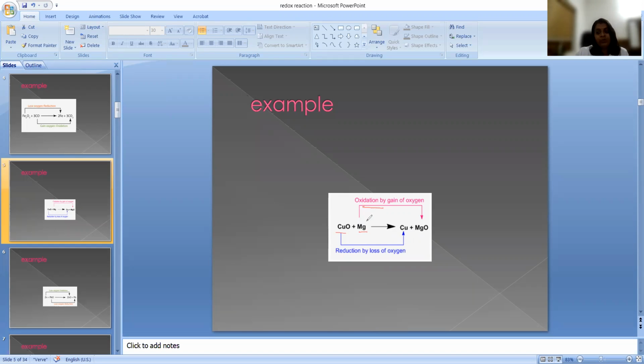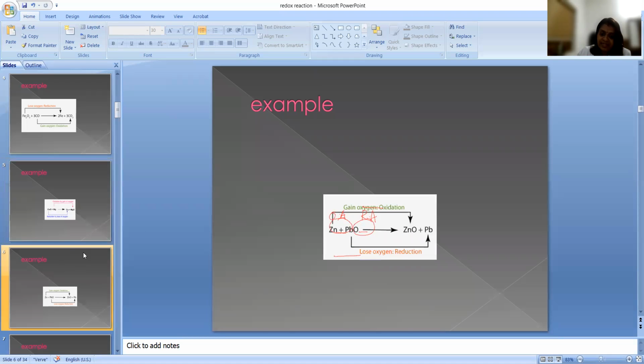Since both take place, this is a redox reaction. Copper oxide is undergoing reduction, so it acts as an oxidizing agent. Magnesium is undergoing oxidation, so it acts as a reducing agent. Clear?